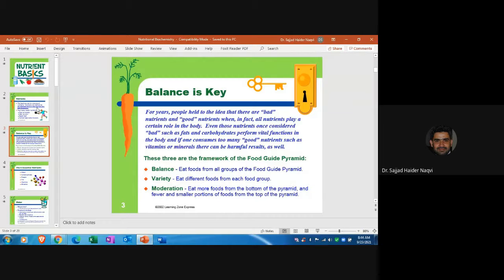As I said, in moderation, you have to eat more from the group of nutrients at the bottom of the pyramid, and as you go to the top, it becomes narrower and narrower. You need to take fewer or smaller portions of those foods which are on the top of the pyramid.